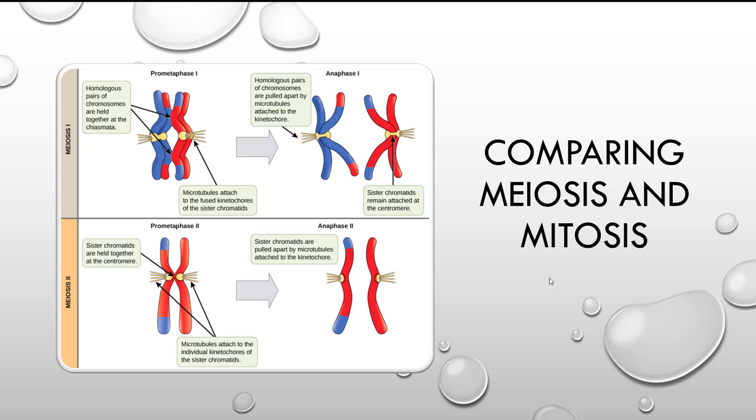So let's do some comparisons. Okay, so first off, let's compare meiosis part 1 with meiosis part 2. So in meiosis part 1, in prometaphase part 1, remember how the microtubules, or excuse me, the mitotic spindle, is going to attach to the kinetochores of the sister chromatids.